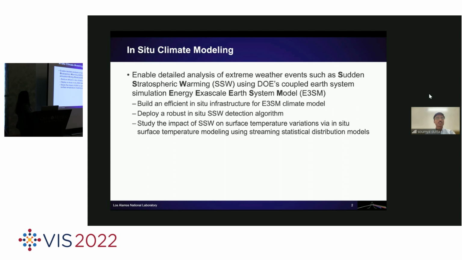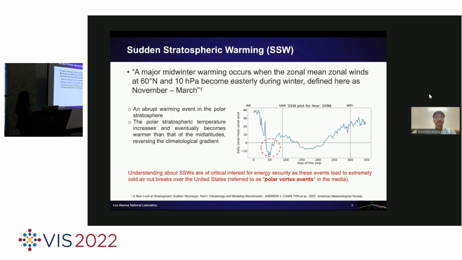So for this, we have first built an efficient in situ infrastructure so that we can do in situ analysis using E3SM. Then we deployed a robust in situ SSW detection algorithm. And then we collected some data during the in situ run, and then used that to study the impact of SSW on surface temperature from the in situ generated data.